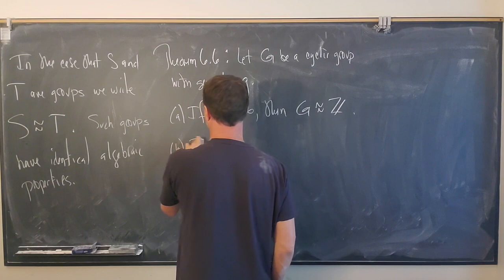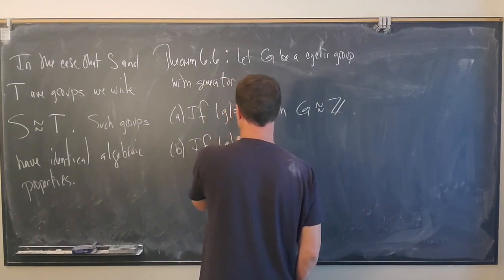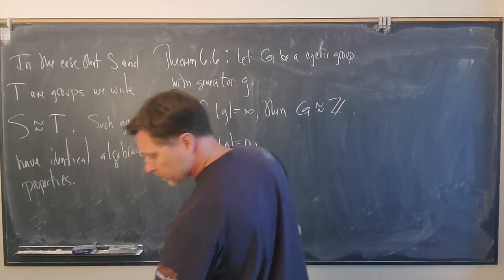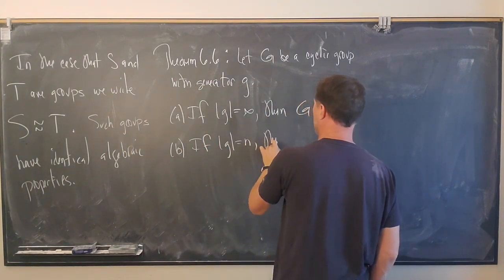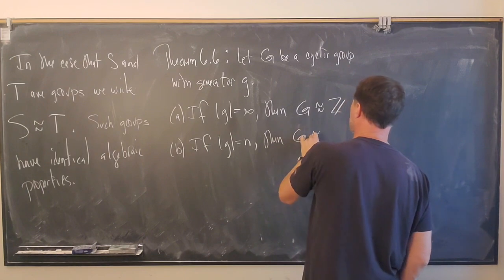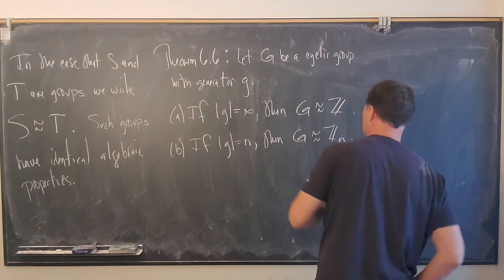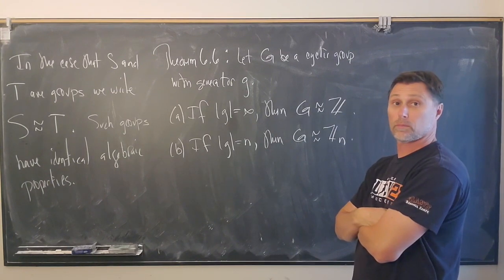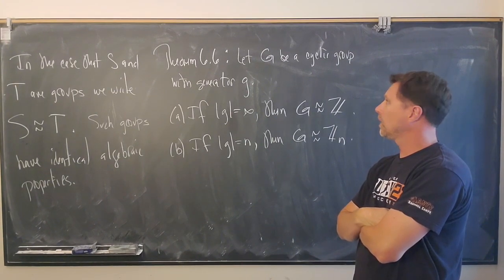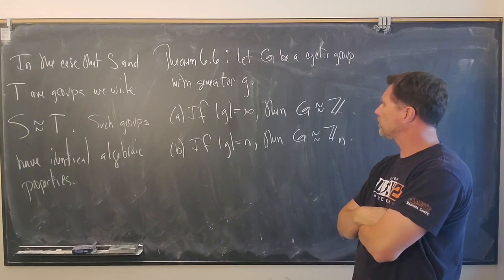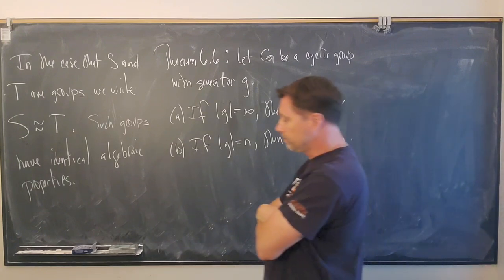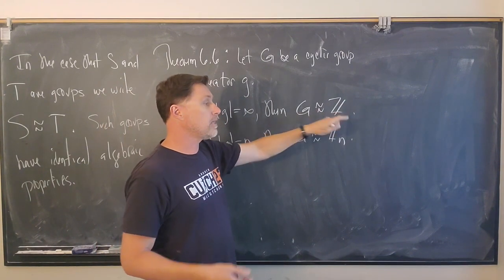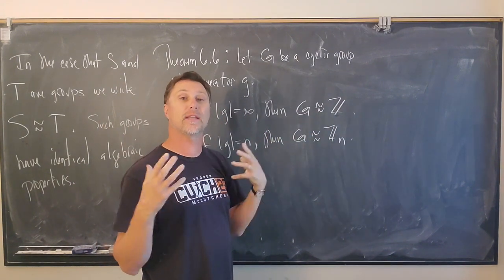Part B: if the order of g is equal to n, then G is isomorphic to Z sub n. That's a big theorem. That's a big result, because what it tells us is that the group of integers is the prototype infinite cyclic group.